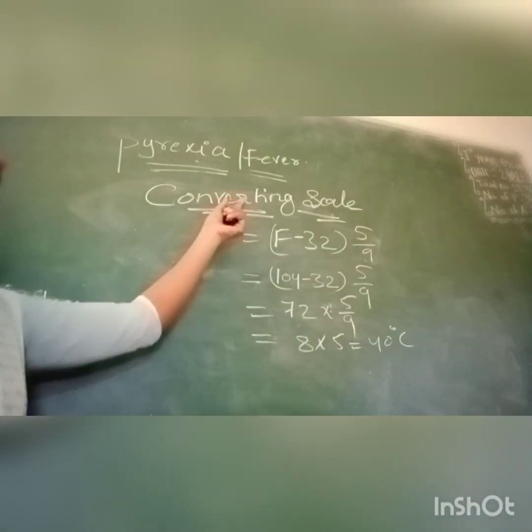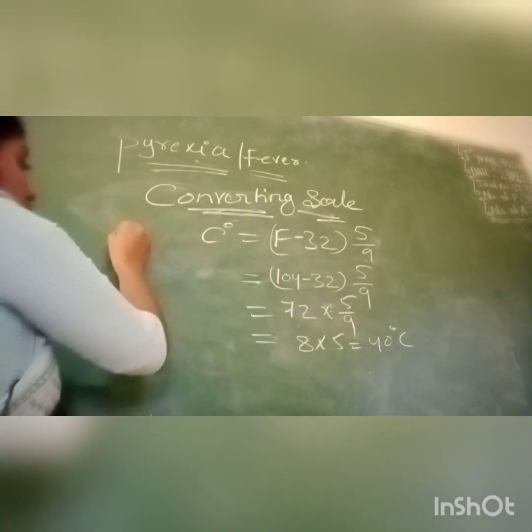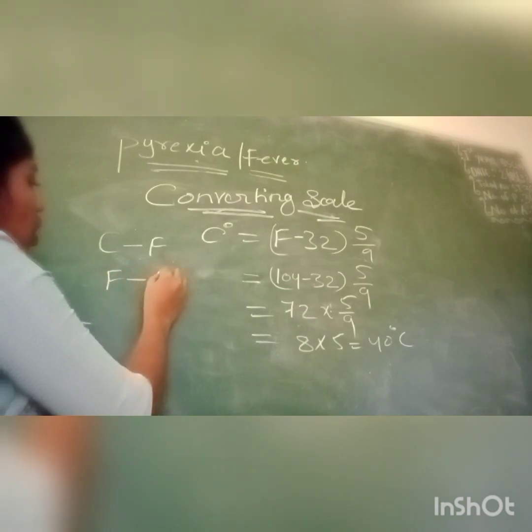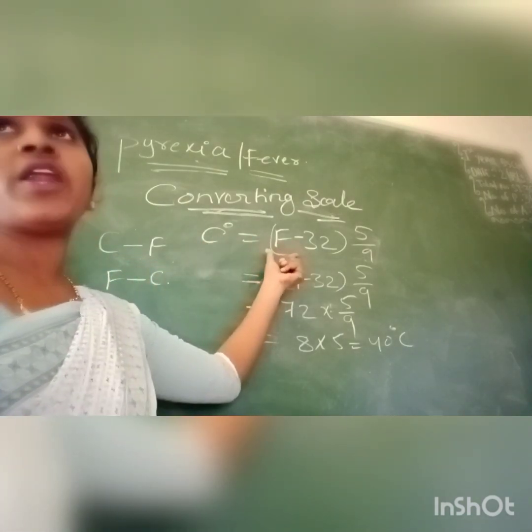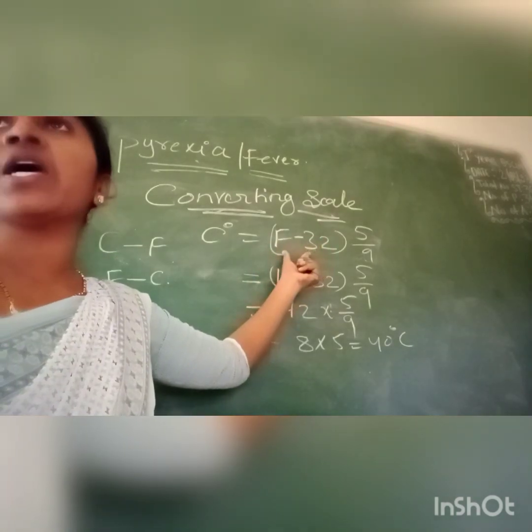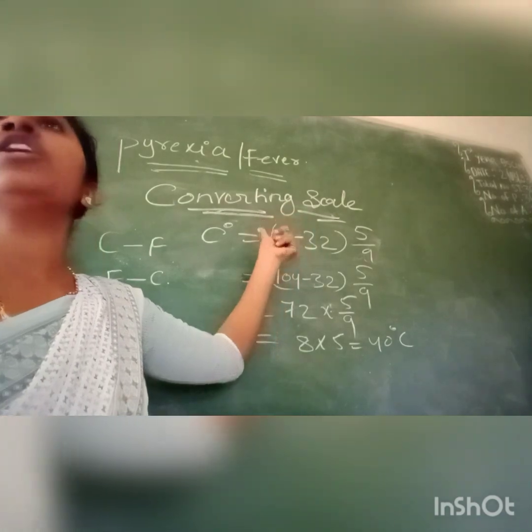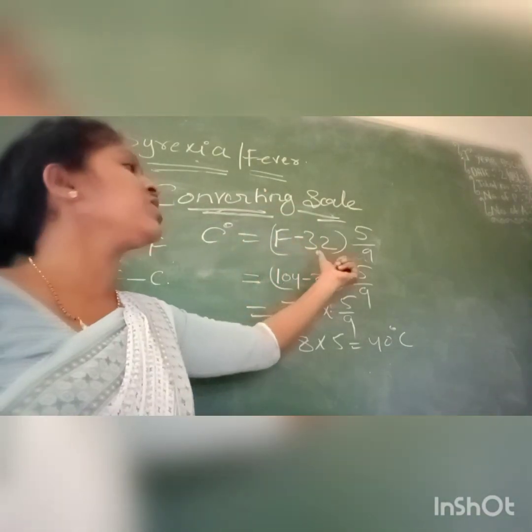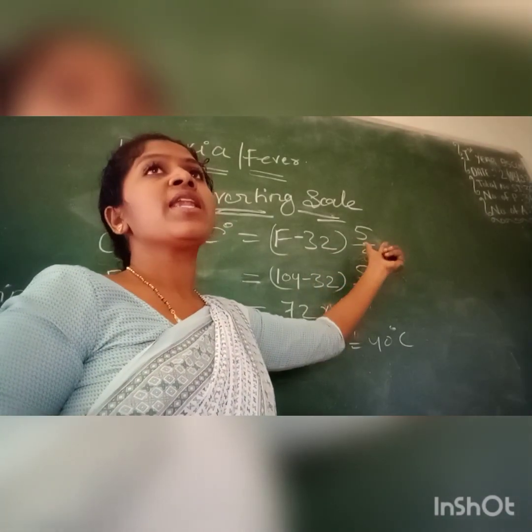Now let us see the converting scale, from Celsius to Fahrenheit and from Fahrenheit to Celsius. First, if the body temperature is given in Fahrenheit, how can we convert it into Celsius? The formula is F minus 32 into 5 divided by 9.